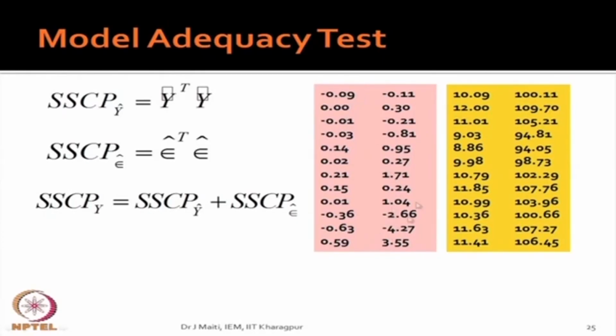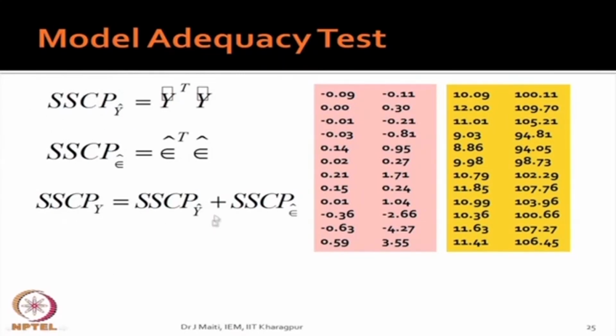So, this data can be used because this is epsilon cap, to find out this 2 cross 2 SSCP matrix. Now, what is this one? This is the predicted one, which is y cap. This predicted one, when subtracted from the actual y value, gives this residual. So, this can be used to find out this SSCP y.